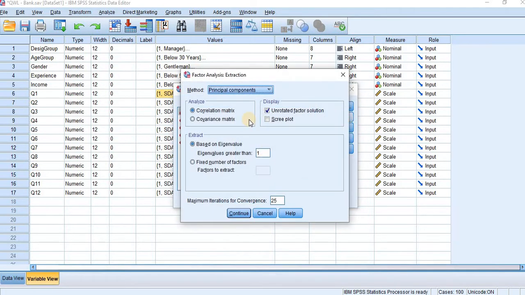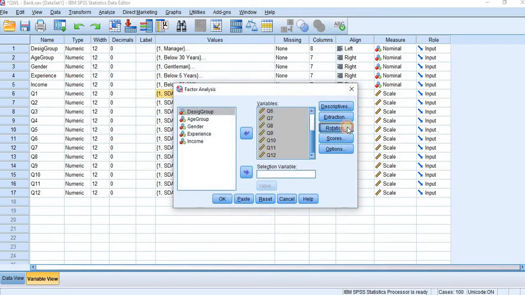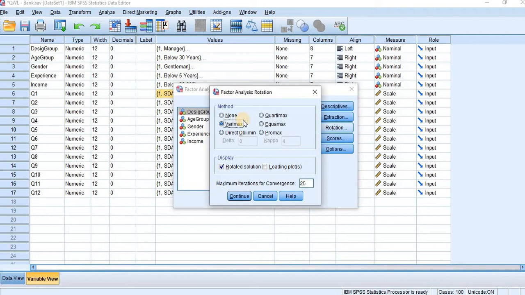Then extraction: by default principal components is an appropriate method of extraction, and the eigenvalue should be greater than 1. It is commonly used. And then rotation, the Varimax.